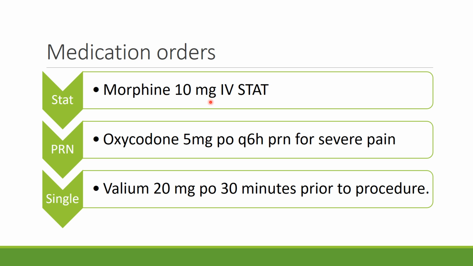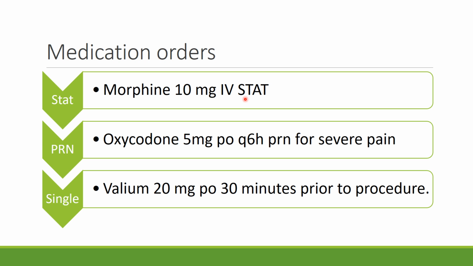There's usually always a dosage, and it should be legible and written in the measurement, usually milligrams. The route, as you can see in these orders, there's an IV, PO, of course, by mouth, and then at which time you would administer this medication.